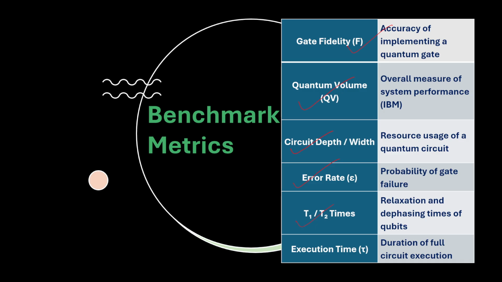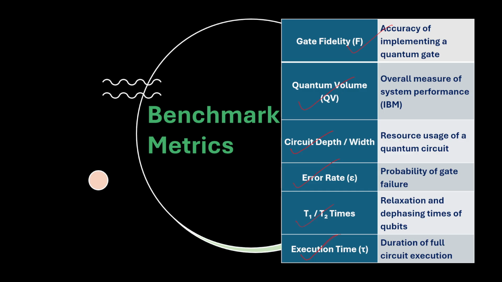It shows the loss of phase information. Okay, so another parameter is the execution time. Execution time is the time to run a quantum circuit in the backend simulation platform. So that means what is a gate operation time?